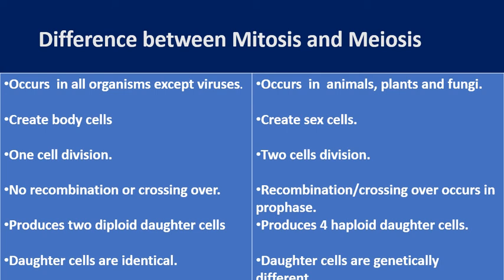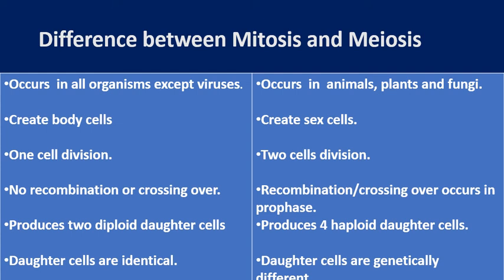Mitosis creates body cells, and meiosis creates sex cells. Sex cells means they form gametes, male and female sex cells.